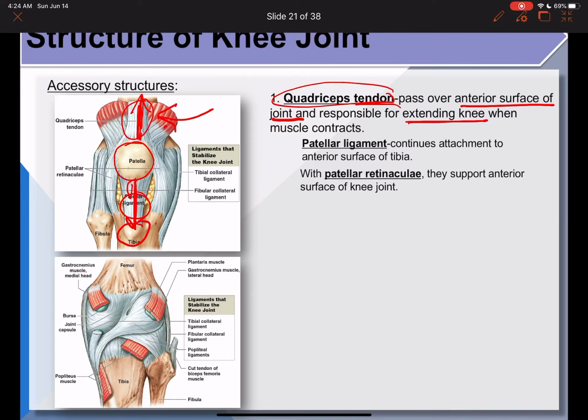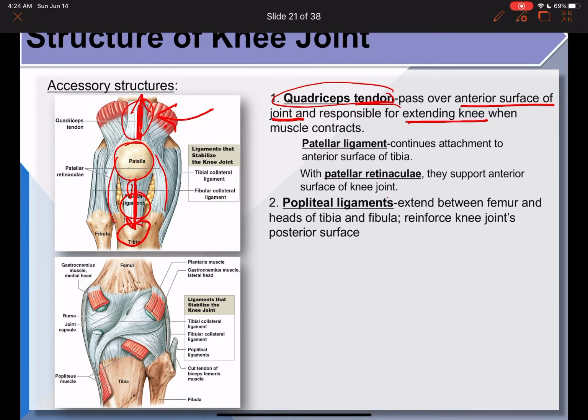And in this case, you can tell it is for that attachment of the patella ligament to the tibia bone. And then you have a pair of patella retinacula, so depending on plural or singular form, they both support the anterior surface of the knee joint even further.